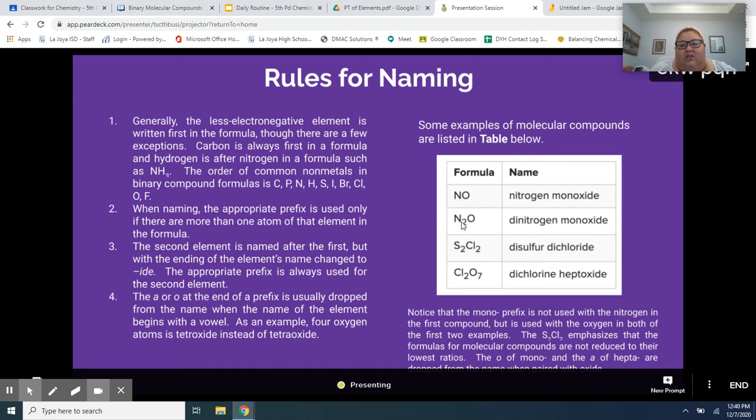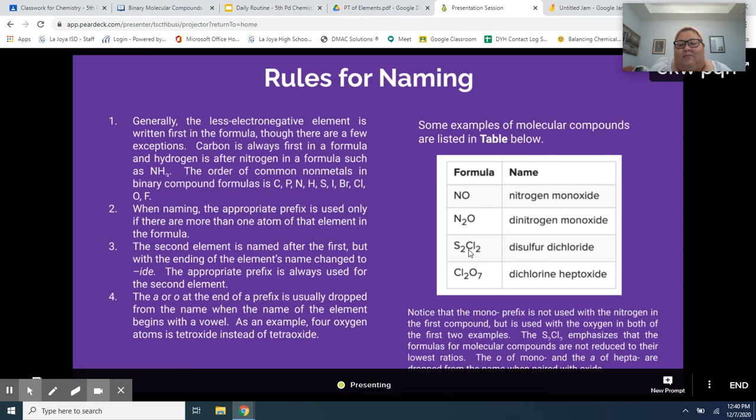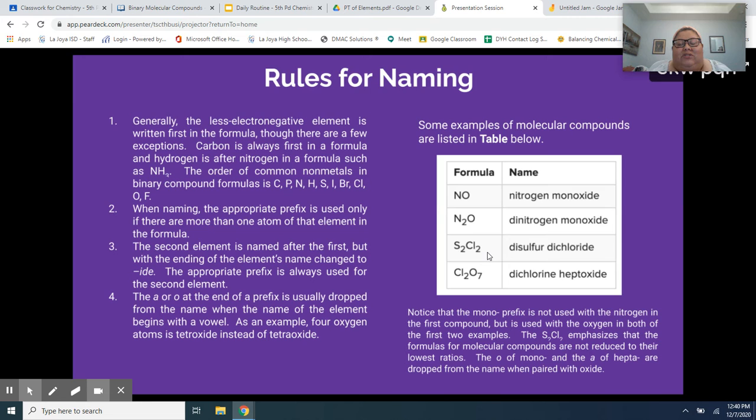For the second element, you can use all of them. The only thing is to change the ending to ide, just like you were doing last week. The first element name does not change. The second one ends in ide.